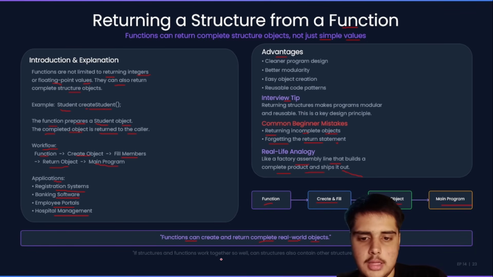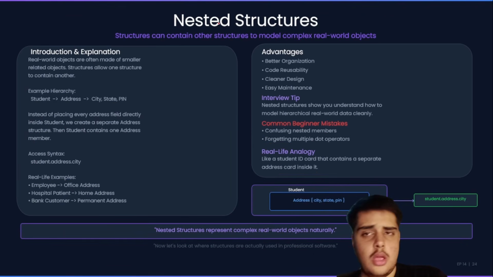So if structures and functions work together so well, can a structure also contain other structures? The answer is yes: nested structures, a very good and very complex topic. These form a very good level of DSA question asked in top companies. A structure can contain other structures to model complex real world objects.